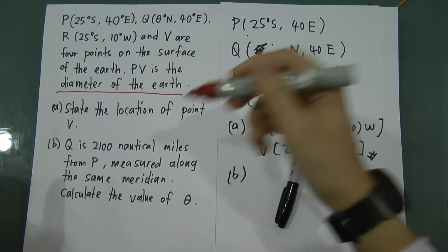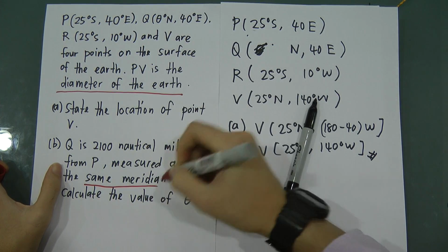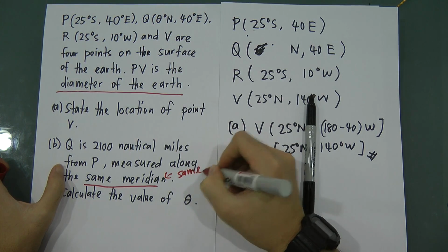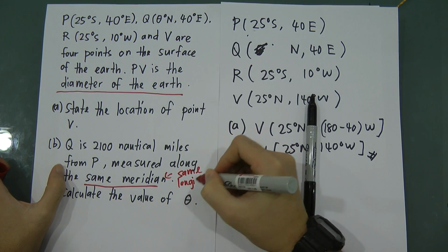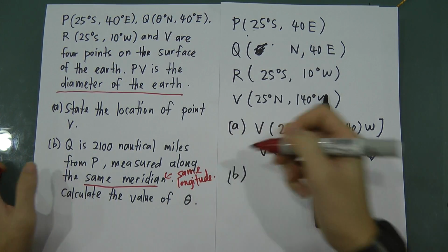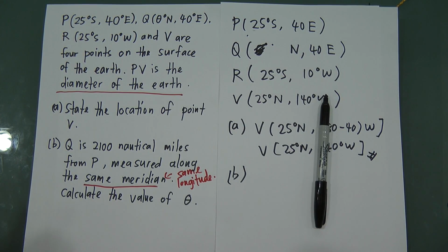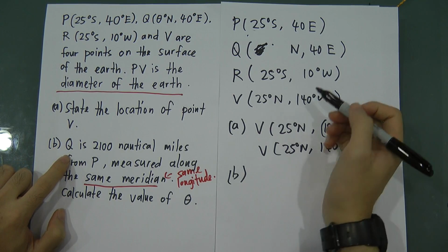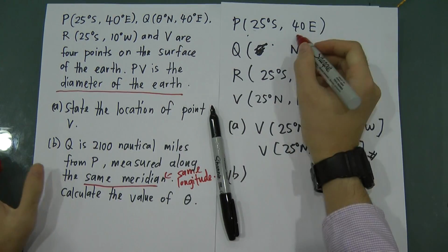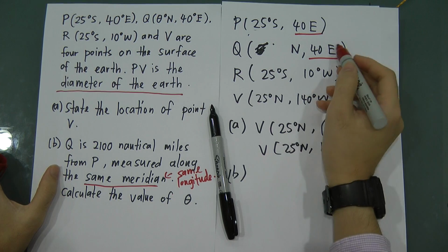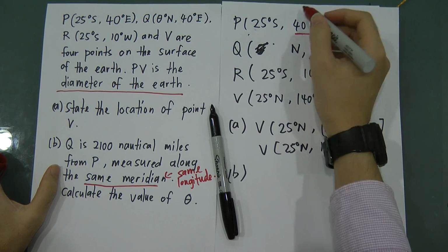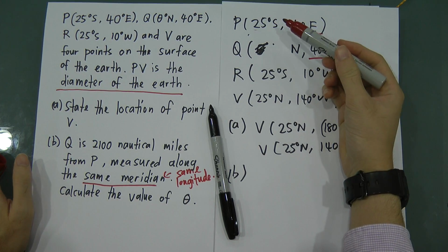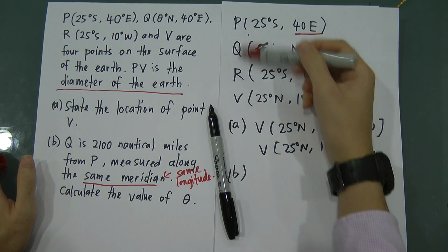Same meridian means they are actually in the same longitude. If they are in the same longitude, you can easily find out that P and Q are both also 40E. So both of them have the same longitude.